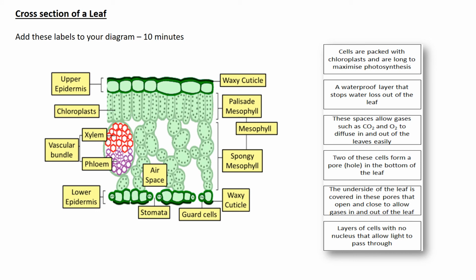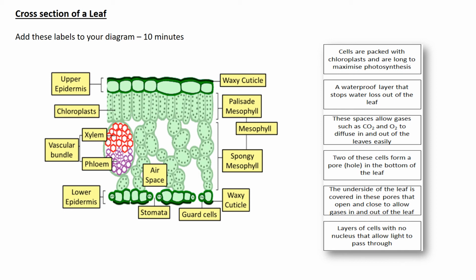So what we need to do now, using the labels again on the right hand side of your screen, is add these to your diagram. We've got 5-6 labels here that talk specifically about the functionality of each part of this section of the leaf.